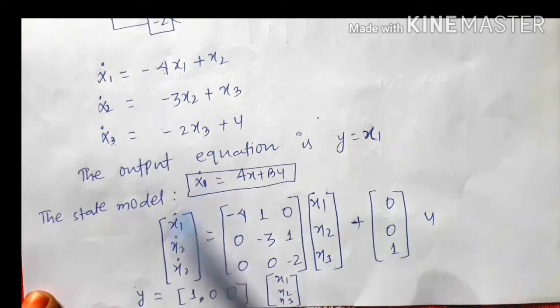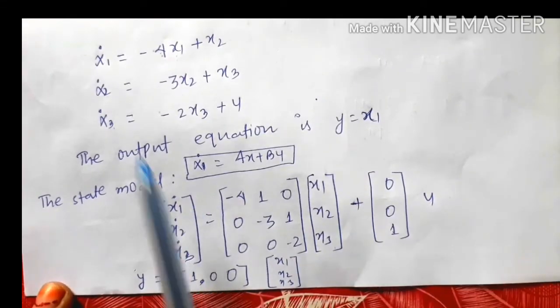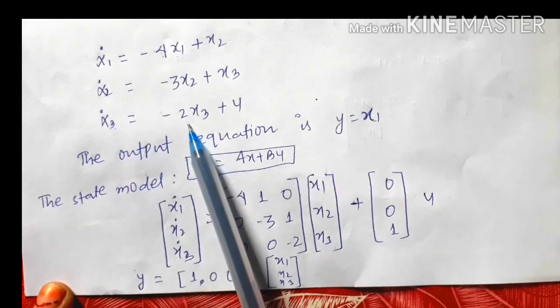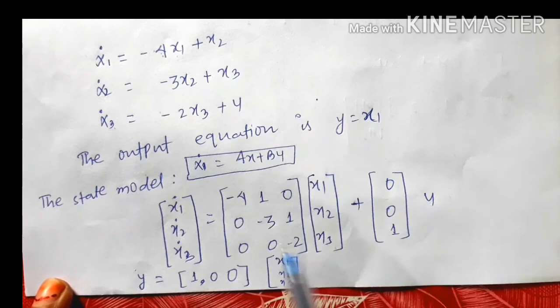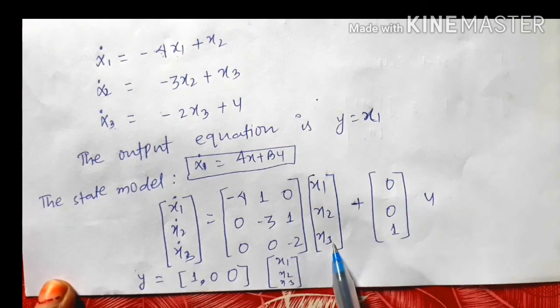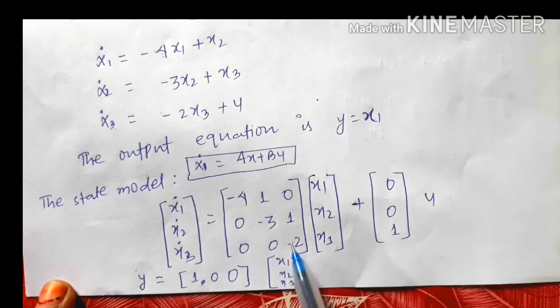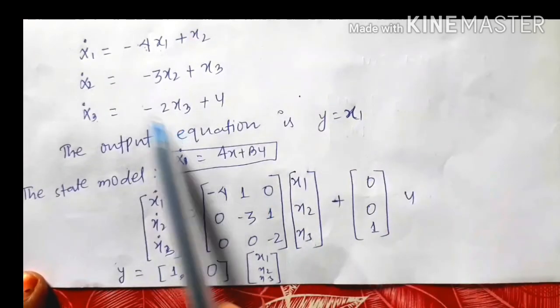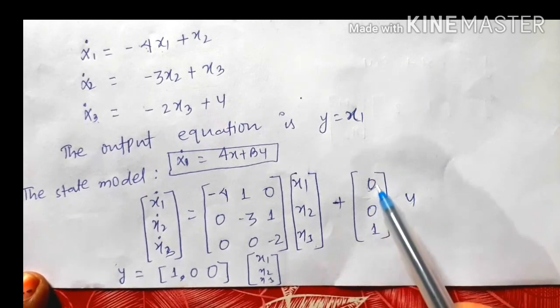Okay, now we move to x3 dot. x3 dot equals -2 x3 plus u. Okay, that means only coefficient of x3 is present, coefficients of x1 and x2 are 0 and x3 is -2, and u is only with x3 dot, that means we write here 0 0 and 1.